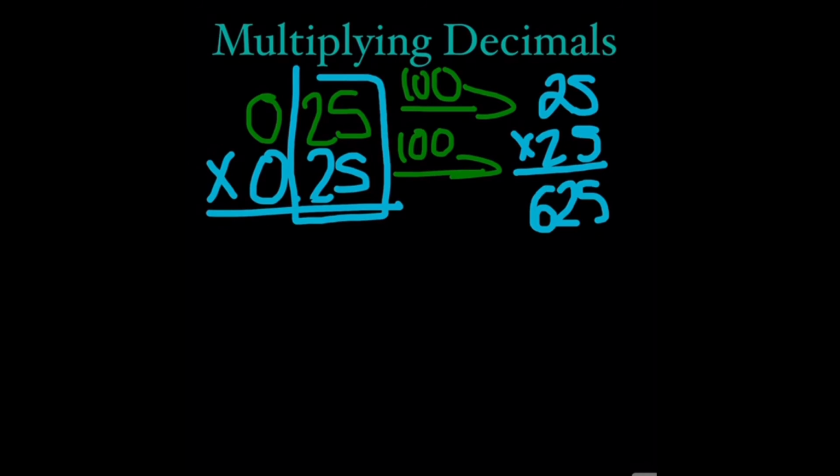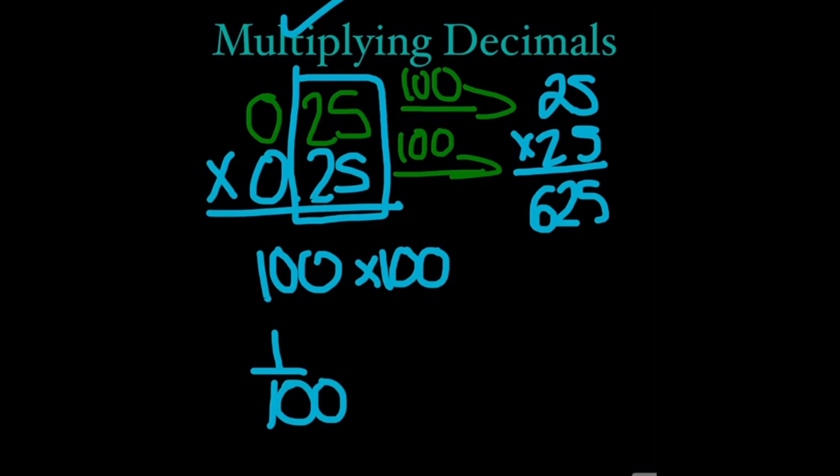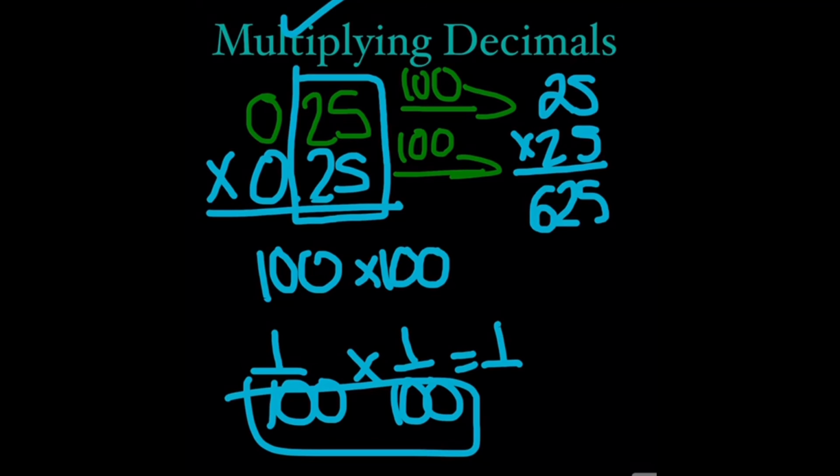Now, if we would have estimated this, it's very low. You could estimate that this answer will be less than 1. I know we didn't do that in the very beginning, but now we know it should be less than 1. Since we timesed by 100 and 100, or you could think of it as 1 over 100 times 1 over 100, that gives us 1 over 10,000.